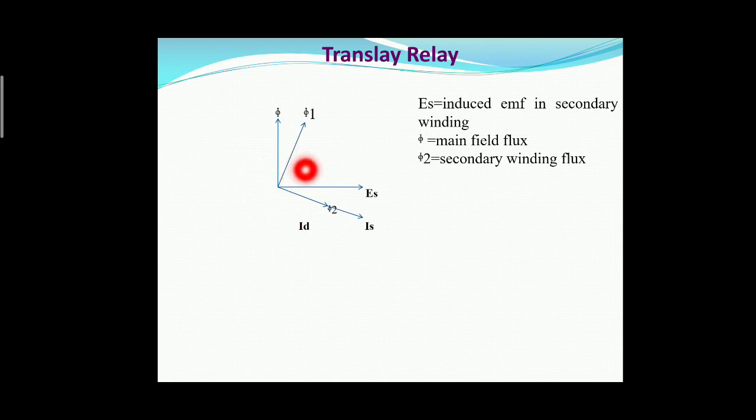Then the angle between phi 1 and phi 2 is 90 degrees, and maximum torque will be produced in this condition. Phi 2 is the secondary winding flux, and phi 1 is the flux from the central limb of the upper magnet.